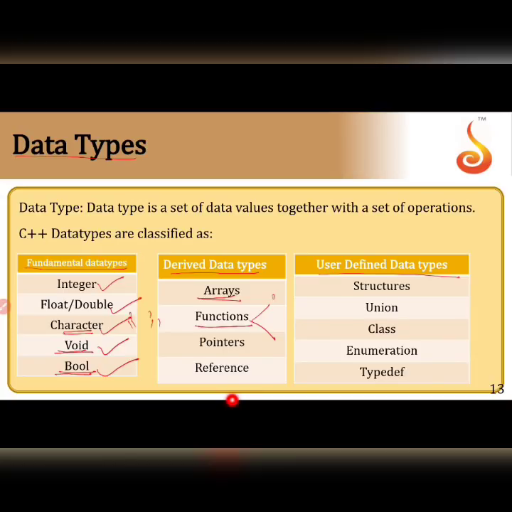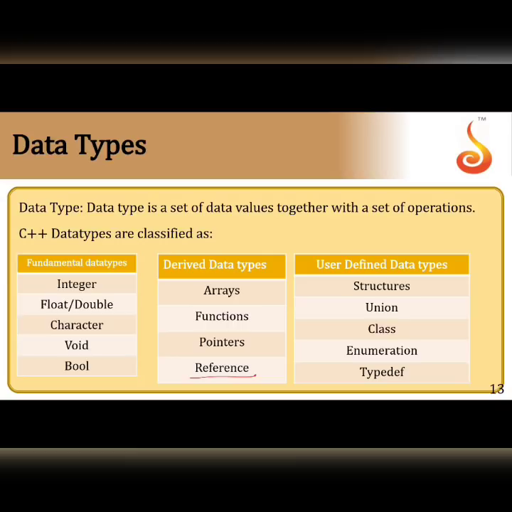One is built-in functions, the other one is user-defined functions. Next is pointers. Pointers are variables which point to a memory location. So these are arrays, functions and pointers.